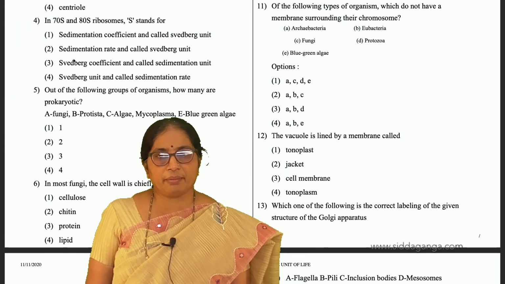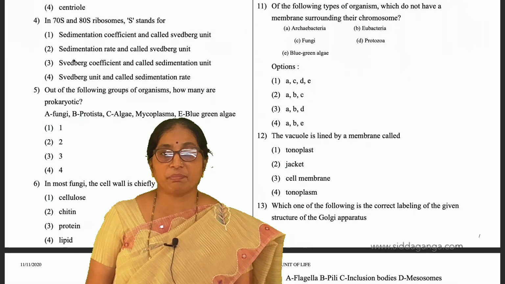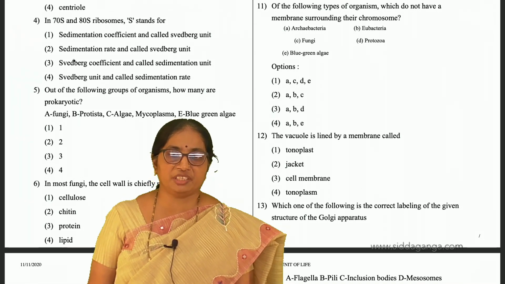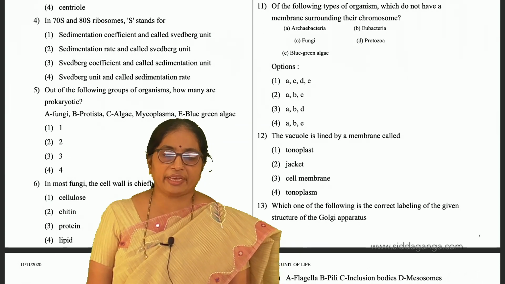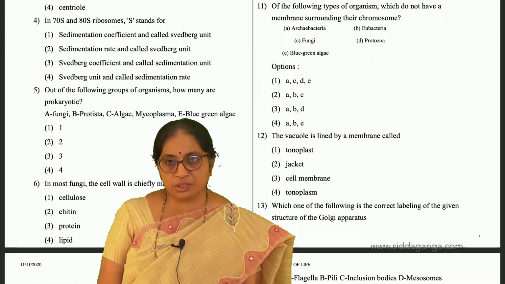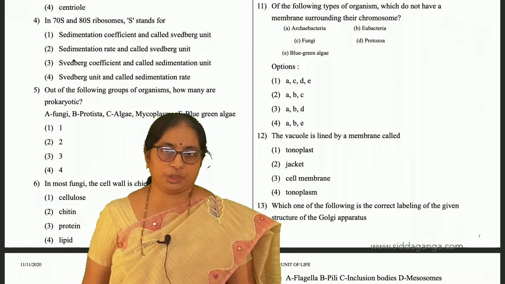Of course, archaebacteria, the ones called methanogens. You might have studied in the second chapter, biological classification, about methanogens, acidophiles, halophiles. All these are archaebacteria, which are prokaryotic.